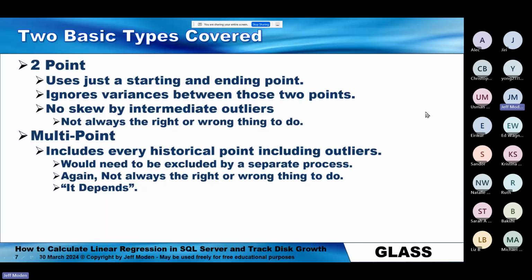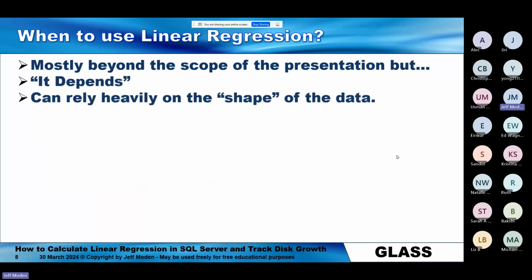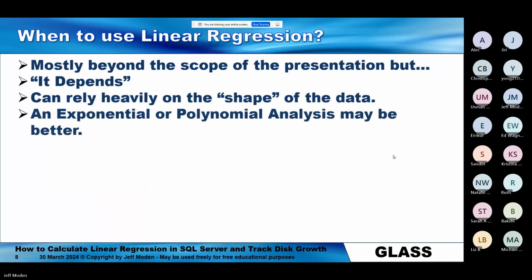These are pretty simple examples. But again, it's not always right and it's not always wrong. And linear regression is not always the answer. We'll see that here in just a minute. When do you use it? That's mostly beyond the scope of the presentation, but the correct answer is it depends, and it can rely heavily on the shape of the data.